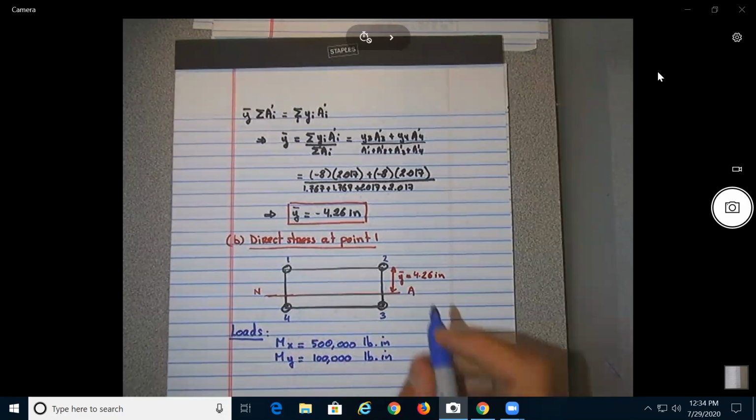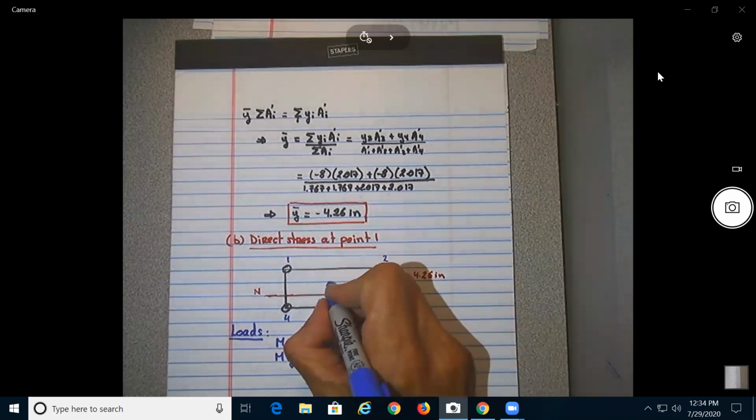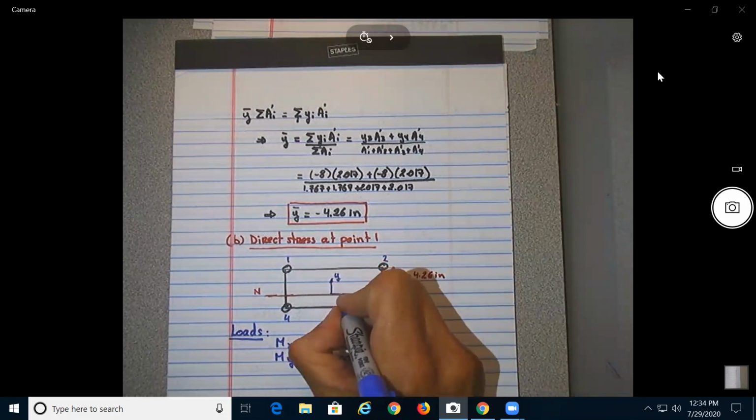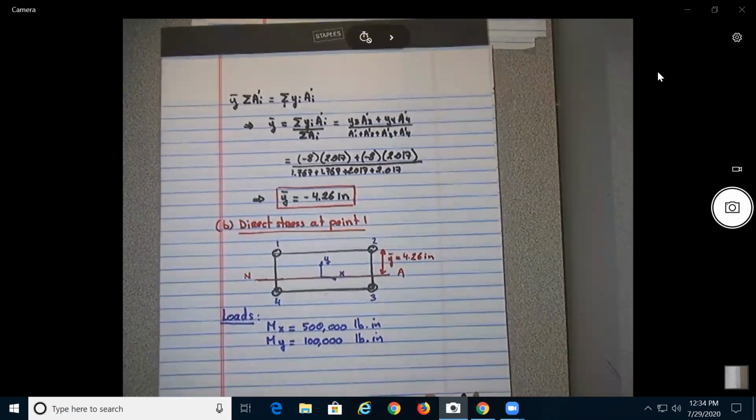And we know our reference frame is basically y and x, okay?